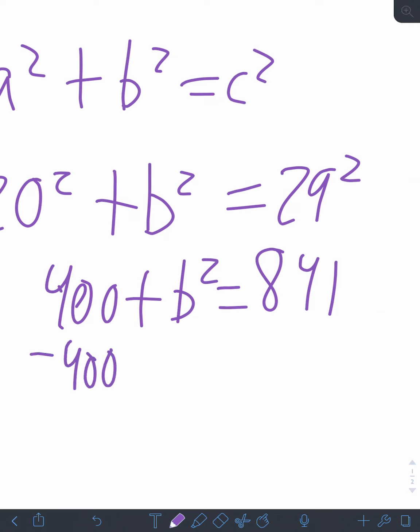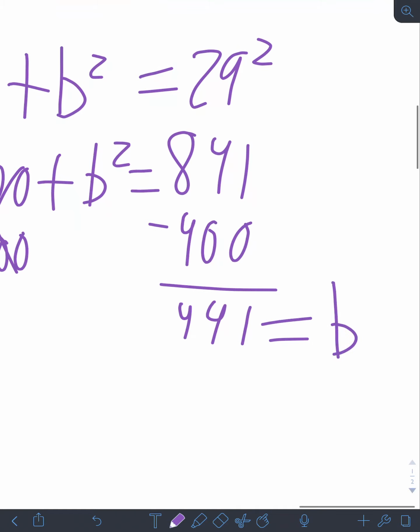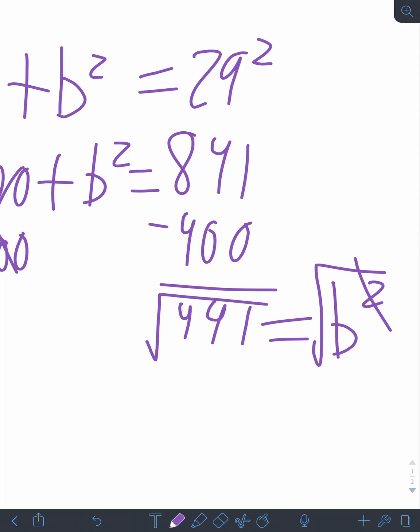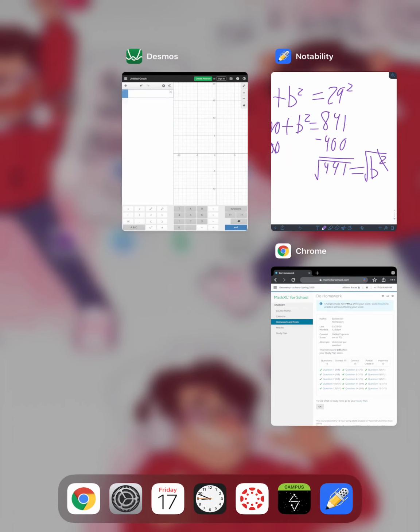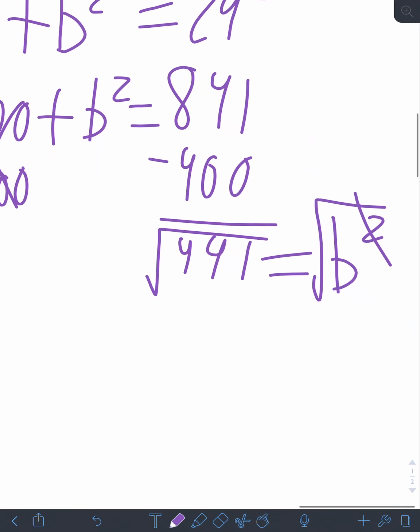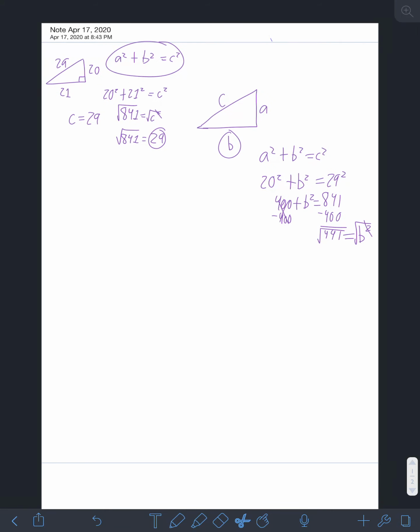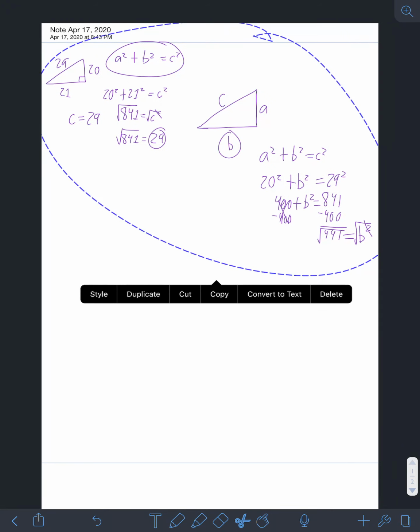Subtract 400 from both sides, and 441 equals b squared. Then to get rid of that square, we take the square root. Okay, and then the square root of 441, so our answer is 21. So that's how you are going to solve this stuff.